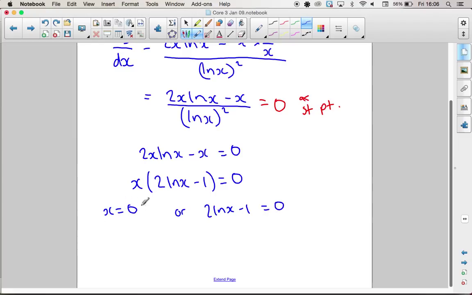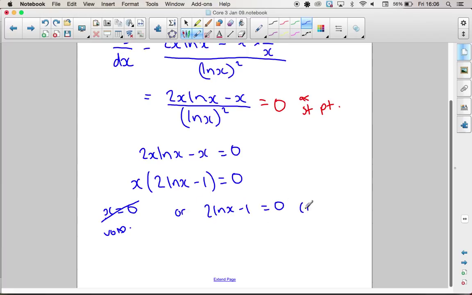But if x equals 0, then I'm going to be doing an ln of 0, and that can't happen. Definitely can't happen because I'm going to have ln 0 on the bottom. So again, that's not a possible solution.